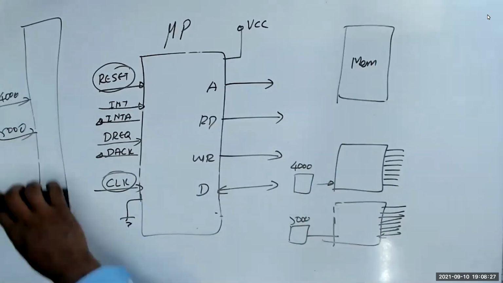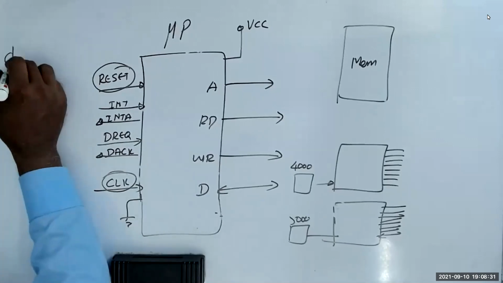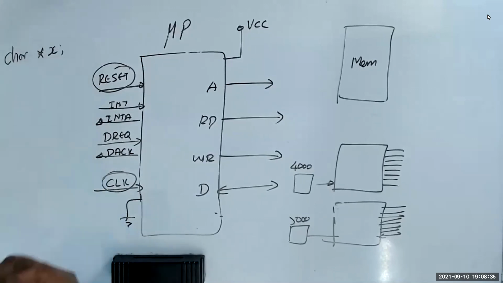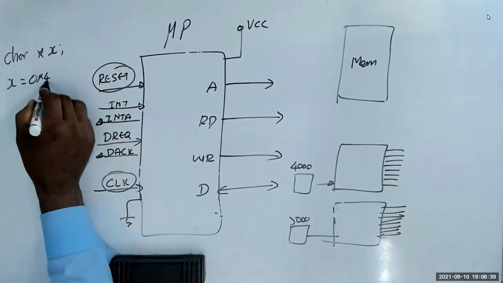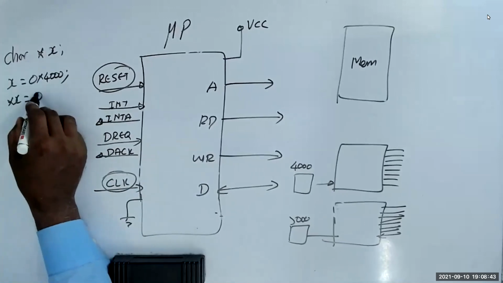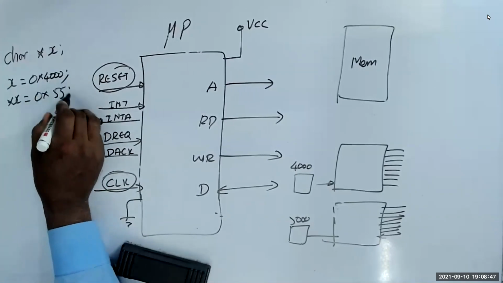That's a rule. Okay. Now, the trick is if I write a program, char *x; x = 0x4000; *x = 0x01 or 0x55. That's it.